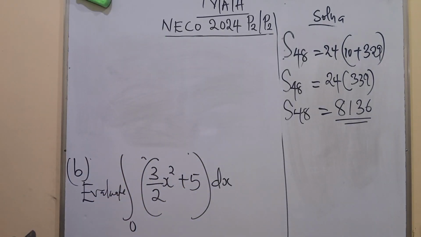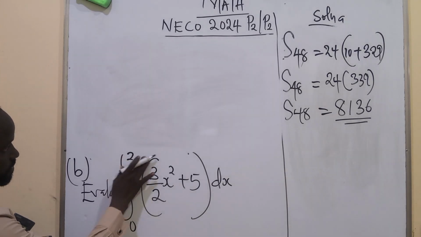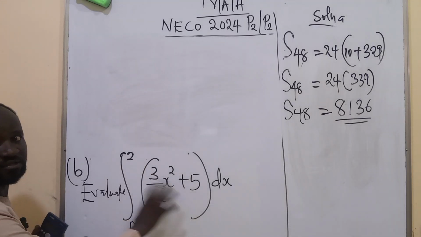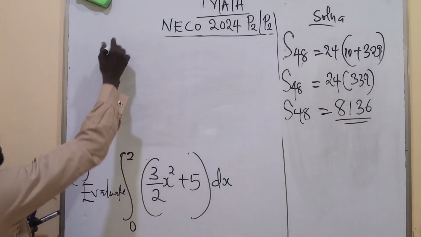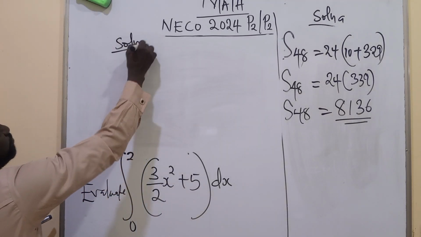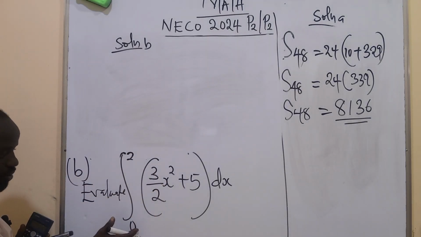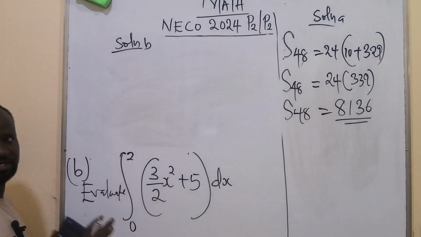Very interesting. B is a definite integral. The first thing for us to do is to integrate this the normal way, using the general formula of integration, meaning we can integrate this separately. Okay, let's write down the solution now to B. As I said, we integrate before we take the limit. We have the lower limit and the upper limit here.